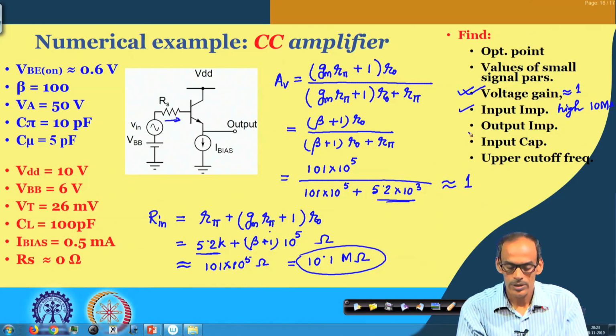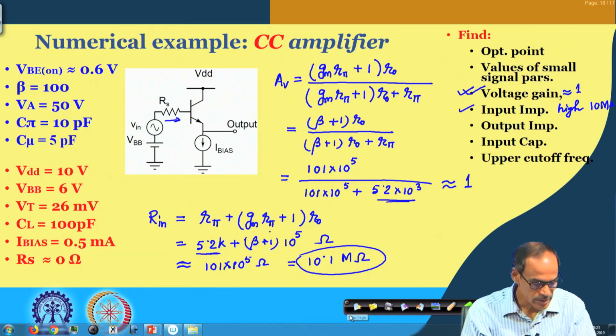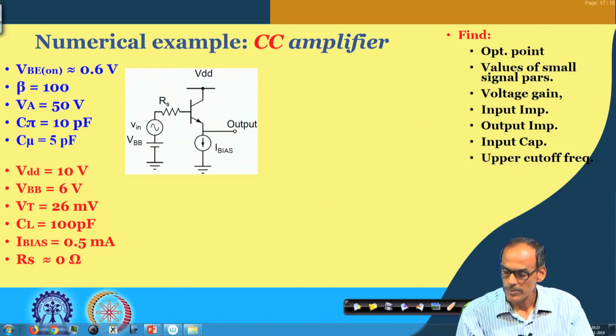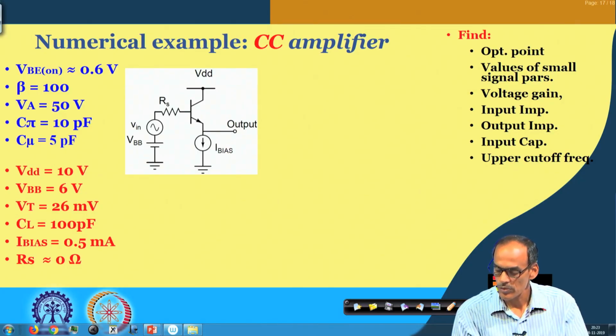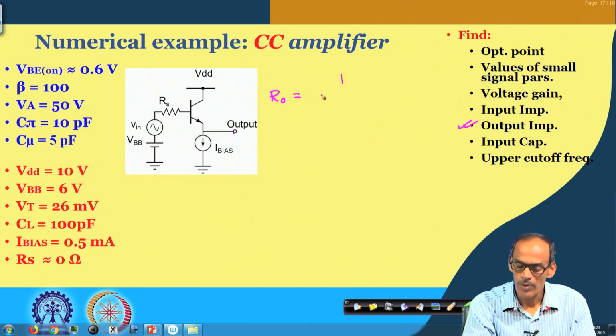Now, coming to the output impedance. Let me again clear it and go for the output impedance. Looking at the output terminal, it is 1 by conductance at this point.